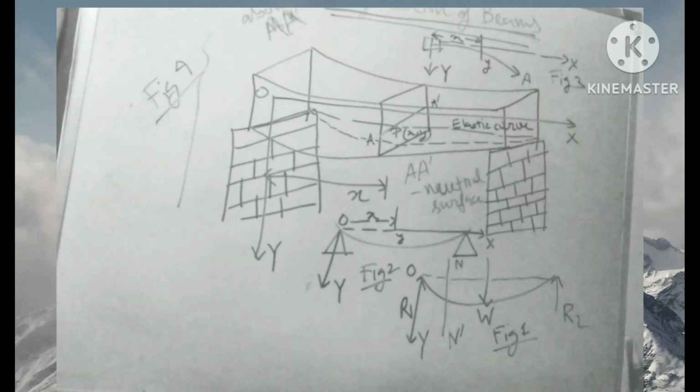So beam moment about A dash of all forces acting on either side of two portions of the beam separated by this cross section.